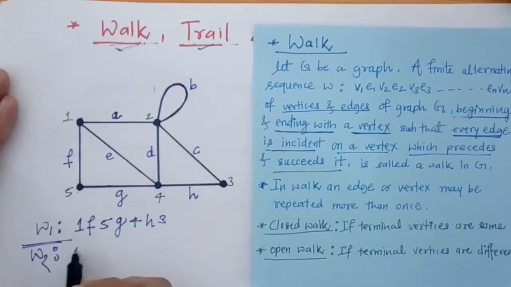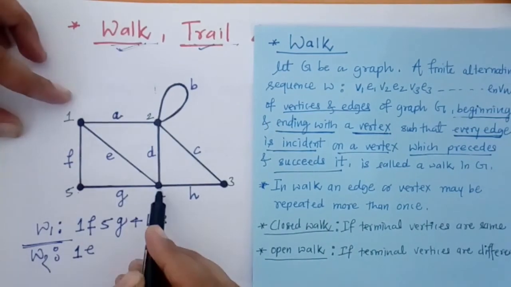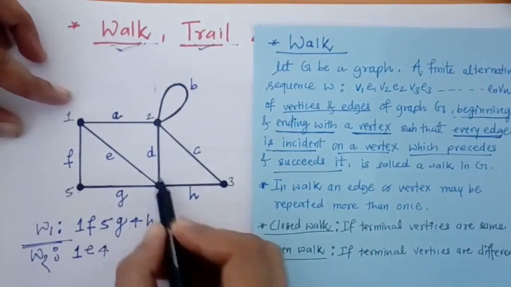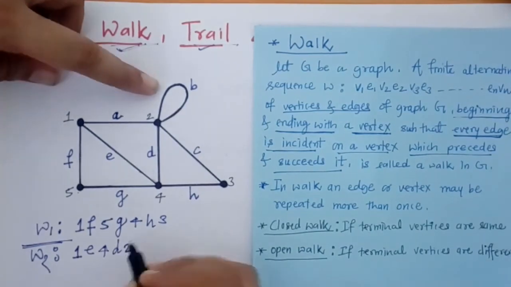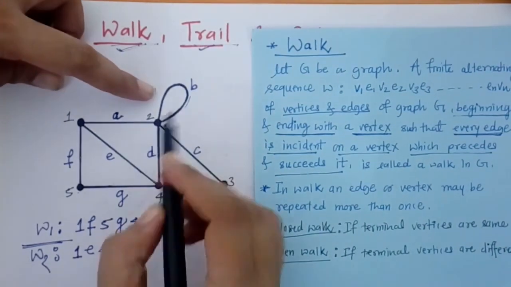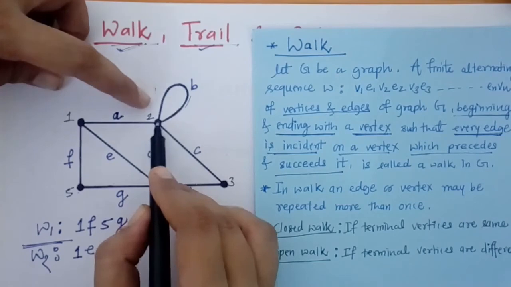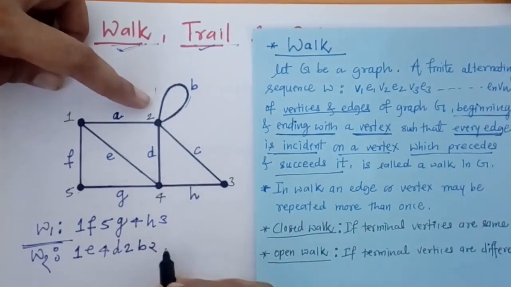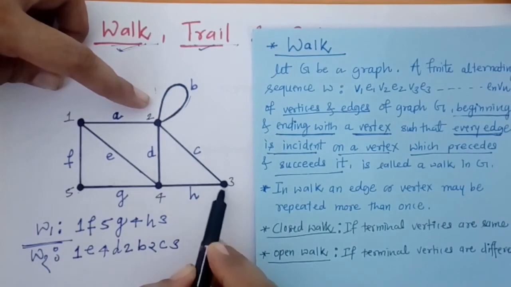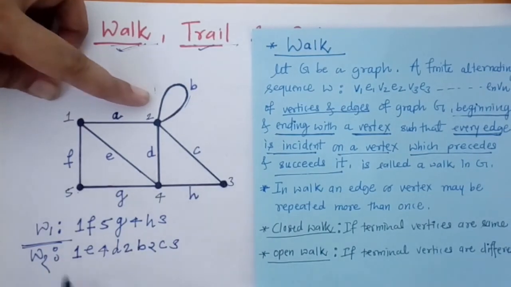So we will write this one, then edge, then again this vertex 4, then this edge D, again this vertex 2, again this loop here. By traveling this loop again we will have this vertex 2 here, then again this edge C, and here the ending vertex, this is 3. So this is a walk, right?